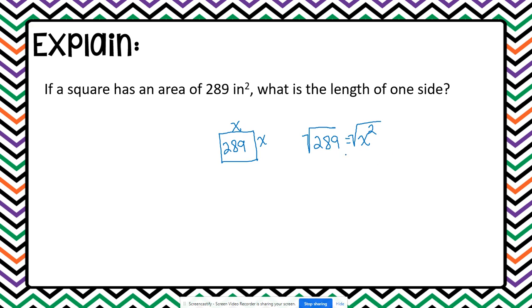The square root of x squared is x, and I know that that's true because x times x is x squared. Then the square root of 289 is positive and negative 17. But we know that negative numbers cannot be side lengths, so for this, the side length is equal to 17 inches.